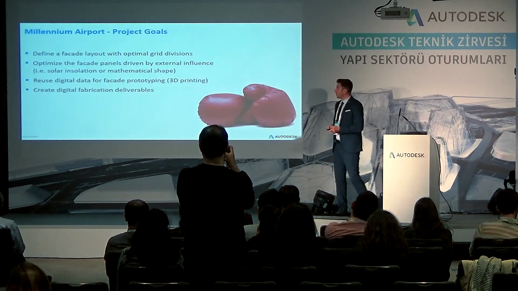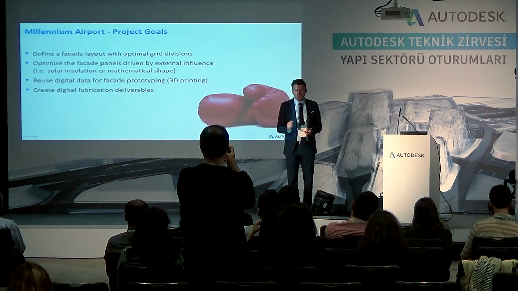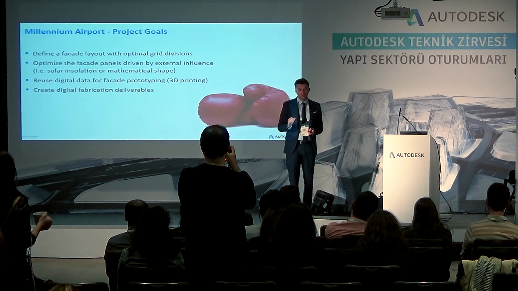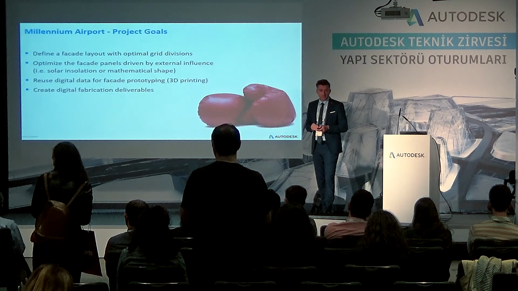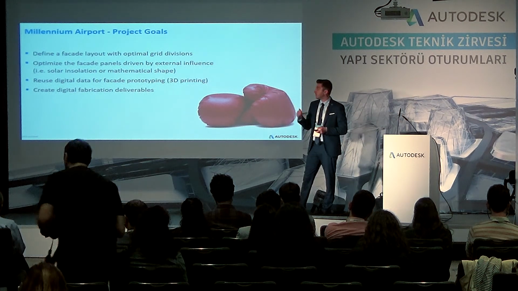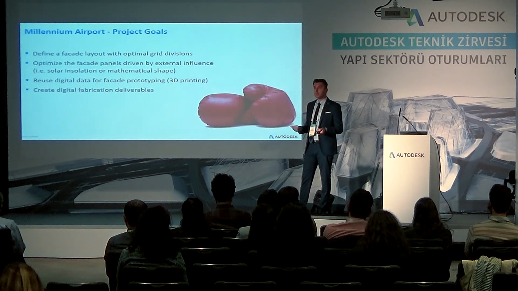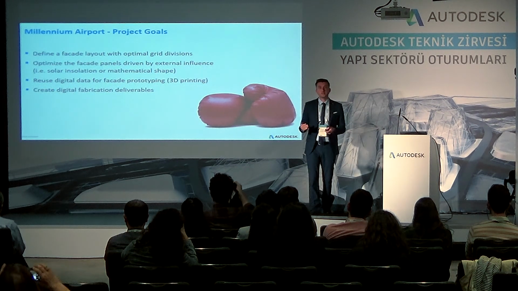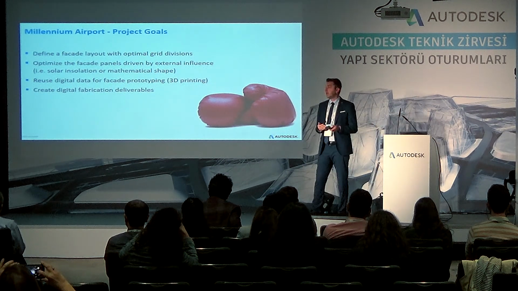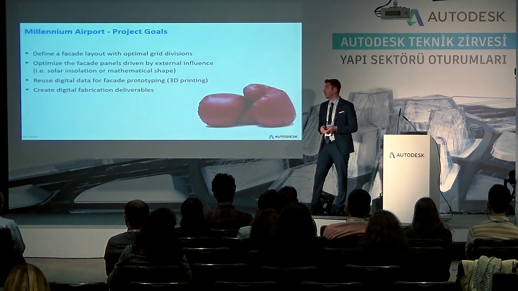So some of the project goals, we want to define a facade layout with optimal grid divisions. We need to find an optimal grid for this facade. Optimize the facade panels driven by an external influence. It can be a solar installation, or it can be a mathematical shape. We can use formulas and equations to create parametric architecture.